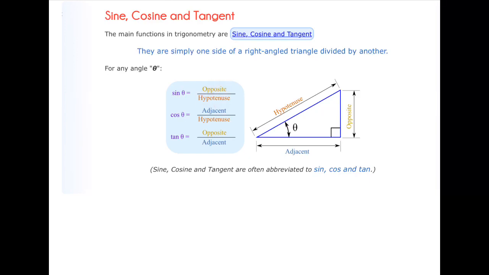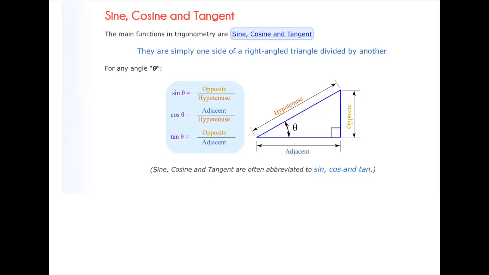The other trig ratio that we have is cosine of theta. Cosine of the angle is defined to be adjacent, the side next to the angle, divided by the hypotenuse. So cosine of theta is adjacent over hypotenuse. And then the last trig ratio that you have in this chapter is tangent of theta. We denote it by TAN.